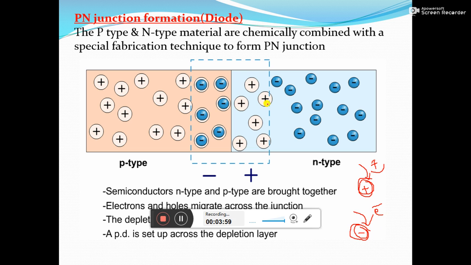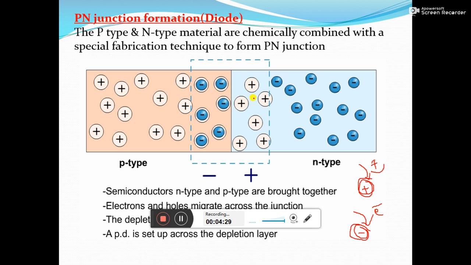Like this, a positive immobile ion layer is formed near the n-type side of the junction, and similarly a negative immobile ion layer is formed towards the p-type side of the junction. These immobile ion layers stop the further diffusion.